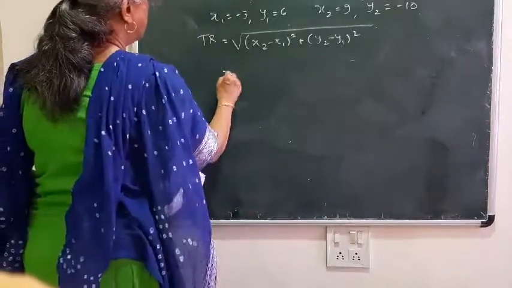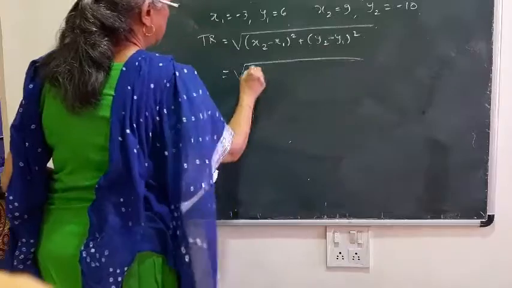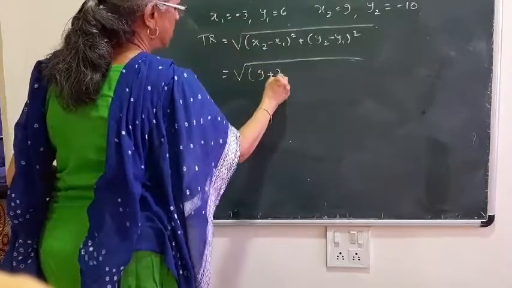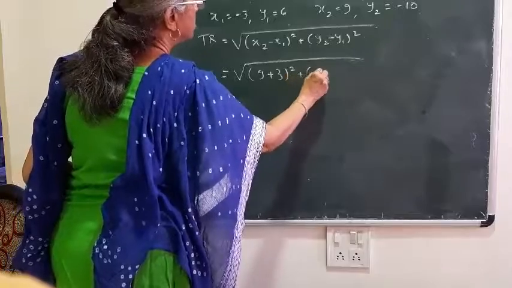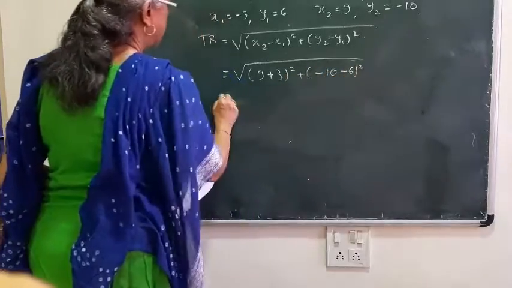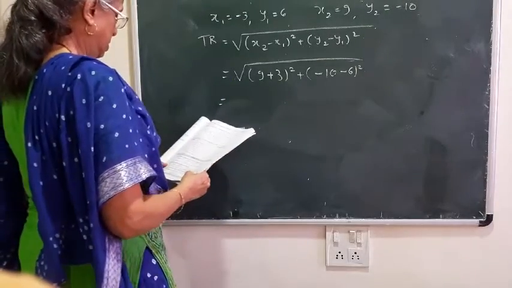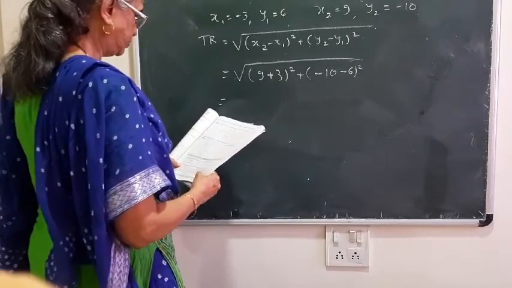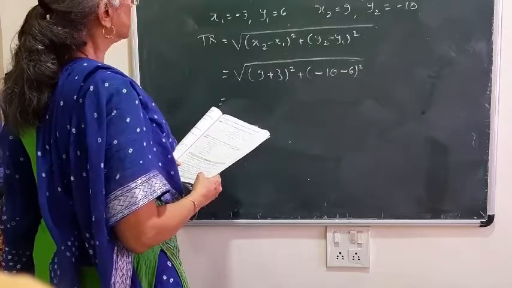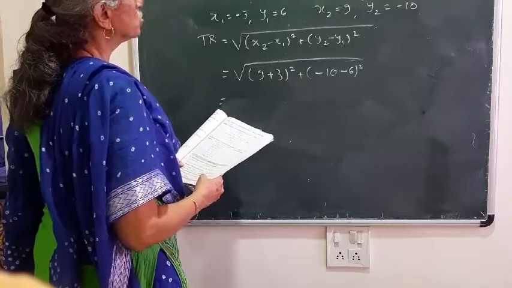So that is equal to root of 9 minus minus 3, which will become plus 3, and y2 is minus 10, y1 is 6, bracket square. So that is equal to, with minus 3, 6 as x1, y1 and 9, minus 10 as x2, y2.